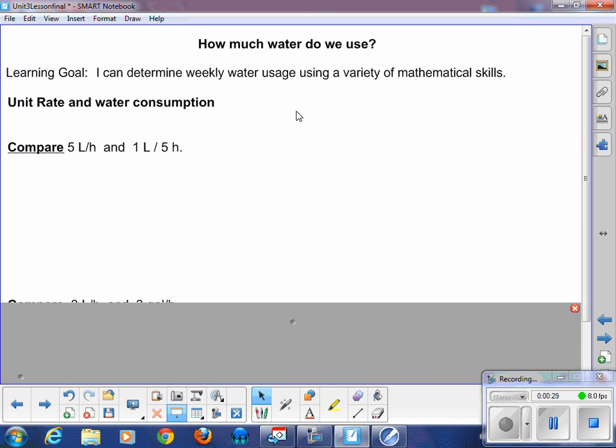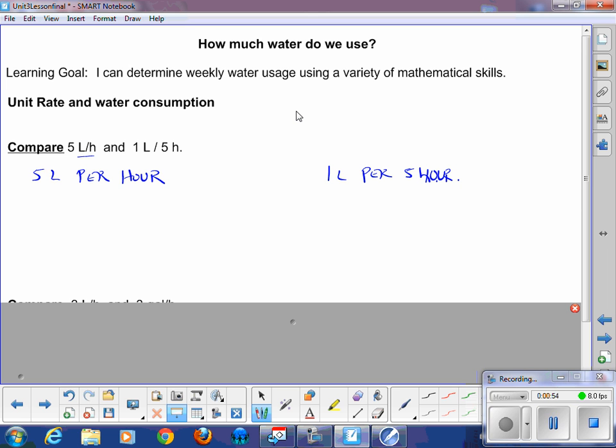The first thing I have here is making a comparison of unit rate. Here we have liters per hour, so 5 liters per hour, and we're comparing it to 1 liter every 5 hours, so 1 liter per 5 hours. I'll write that out.